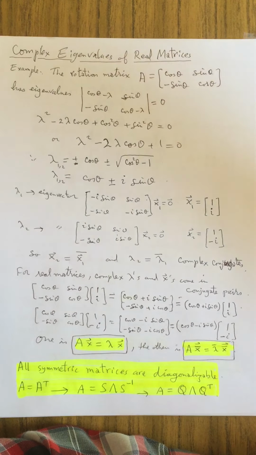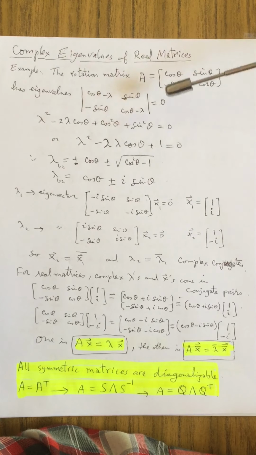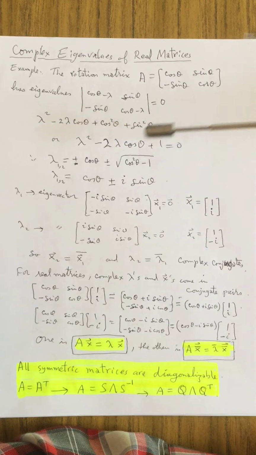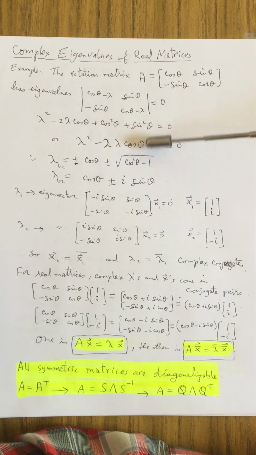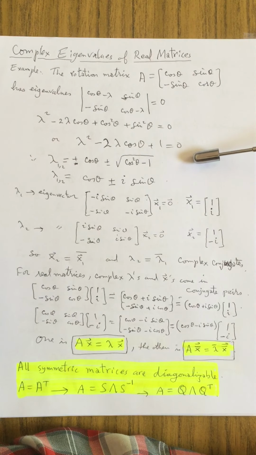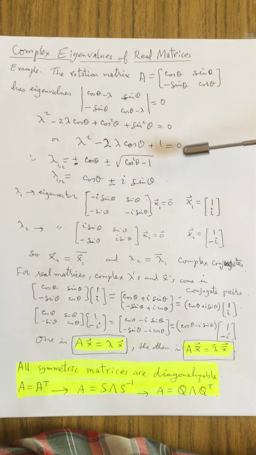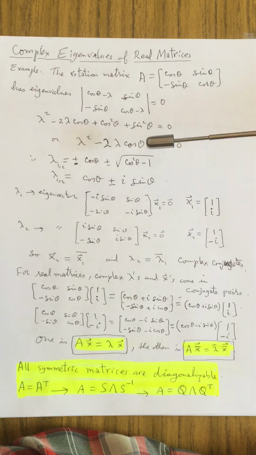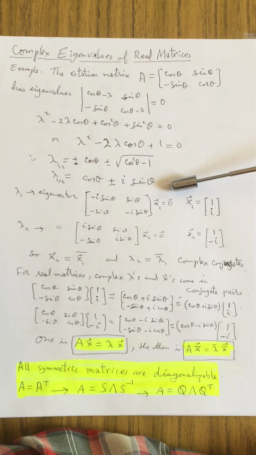So for the eigenvalues of A, we take the determinant of A minus lambda I equal to 0, and this gives us lambda squared minus 2 lambda cosine theta plus 1 equal to 0. So lambda 1,2 is equal to cosine theta plus or minus the square root of cosine squared theta minus 1, and lambda 1,2 would be cosine theta plus or minus i sine theta.